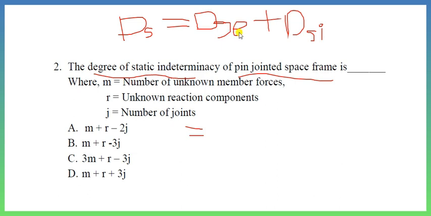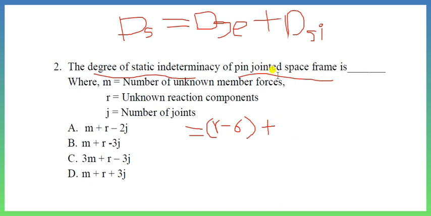as we know, for the pin jointed space frame, the degree of external indeterminacy is R minus 6. So I will write here R minus 6 plus the degree of internal indeterminacy.